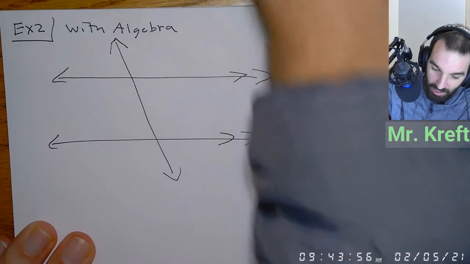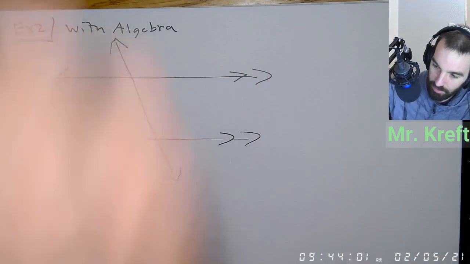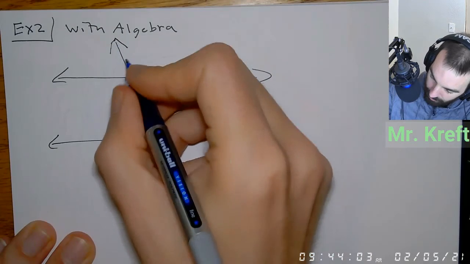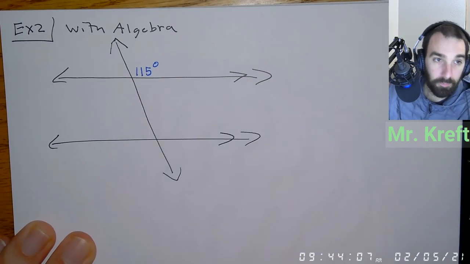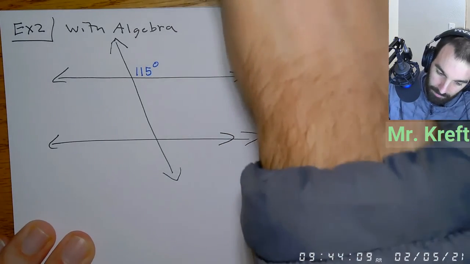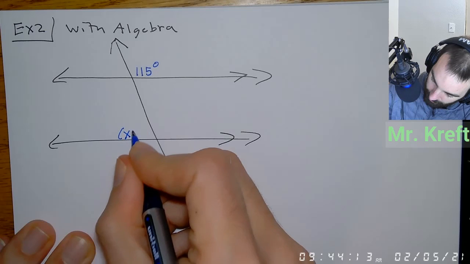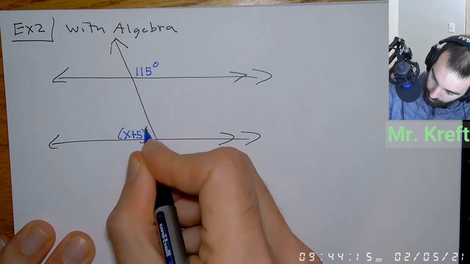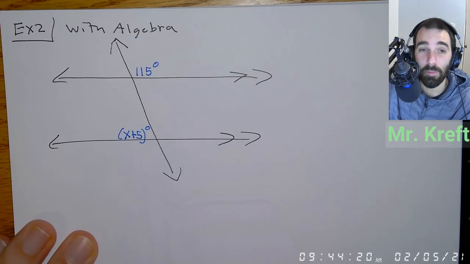So let's go here. I'm going to write, where is my blue pen? Oh, there it is. In the upper right, I'm going to put 115 degrees. And then down here, I'm going to put x plus 5, in parentheses with a degree symbol, so you guys know I'm not talking about a segment, I'm talking about an angle.